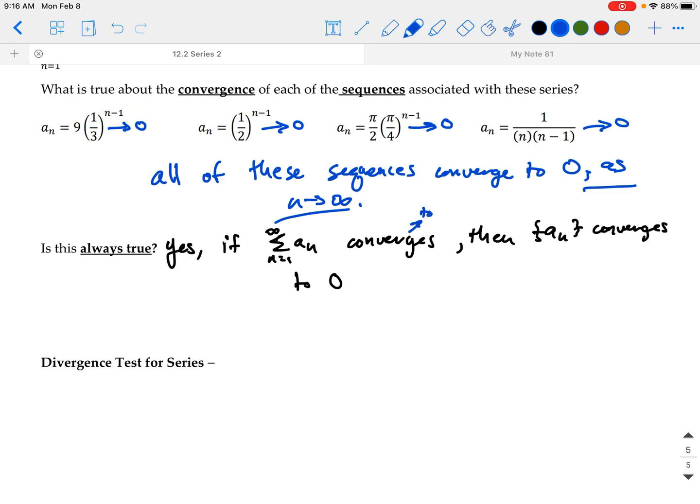And note, our series is converging to L or S, whatever you want to call that summation. So that can be any number. But the sequence itself will converge to 0.